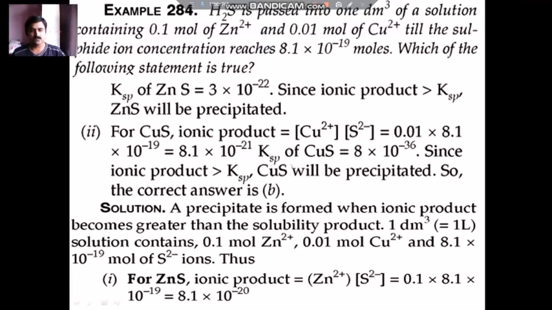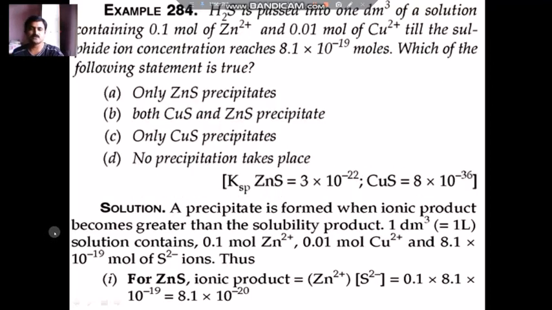Here the ionic product of copper sulfide is again greater than its Ksp, so copper sulfide will get precipitated. Both are getting precipitated, so option B is the right option for this question.